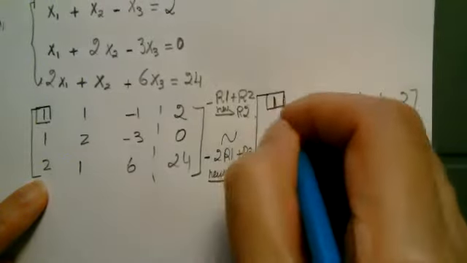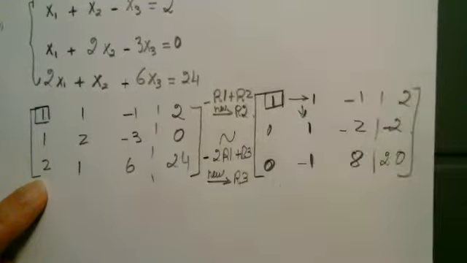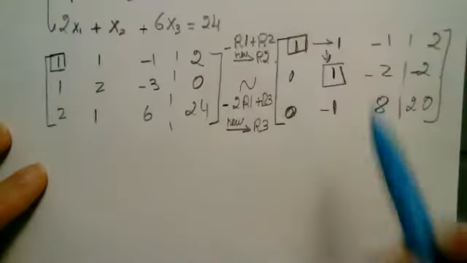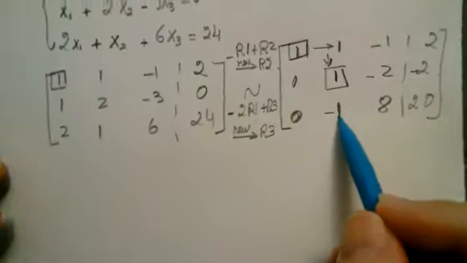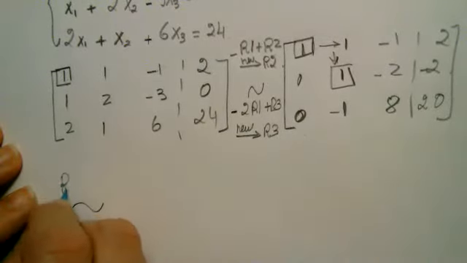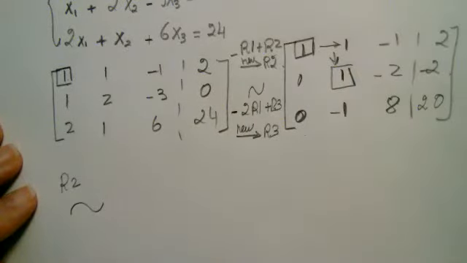Leading entry: everything below should be a 0, right, bottom. I create a leading entry, and I use it to make this into a 0. So the operation I use is to take the second row and I only have to add it in this scenario.